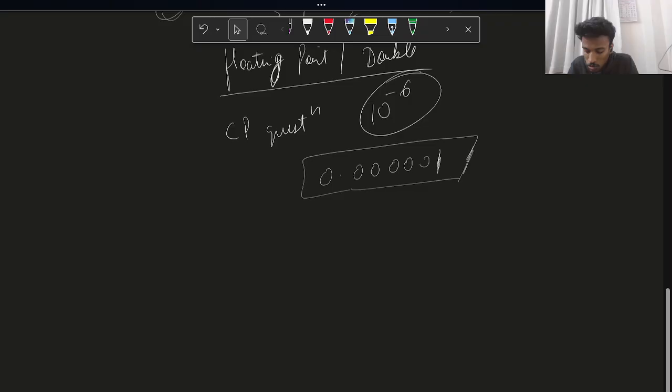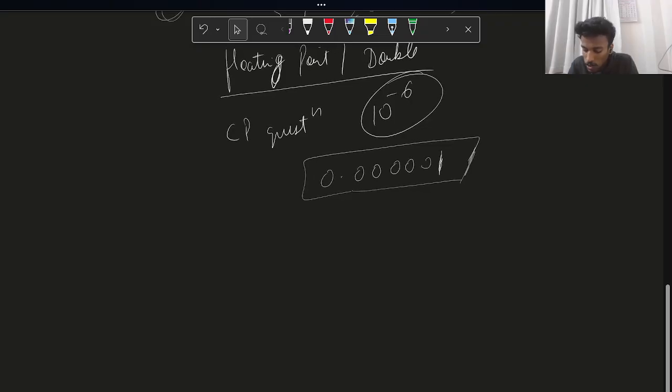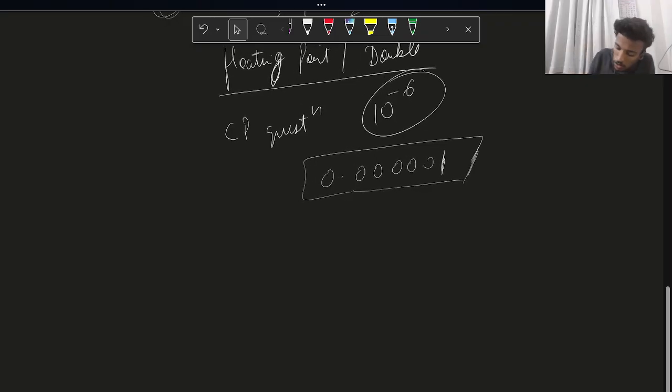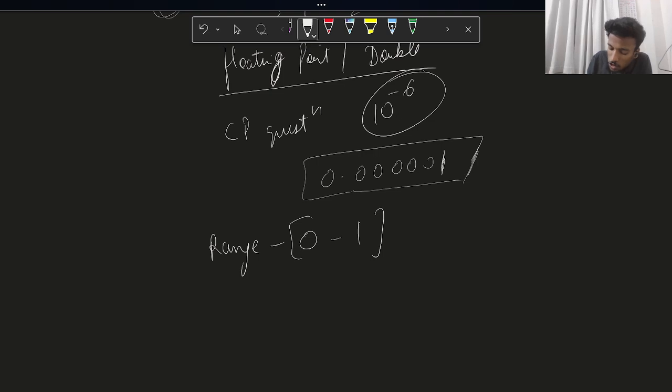So what happens actually in floating point numbers, how are they different? Suppose this time your range is 0 to 1. Earlier it was 0 to 100, now it is 0 to 1, and again your answer is 0.3. This time we are doing it for double values.